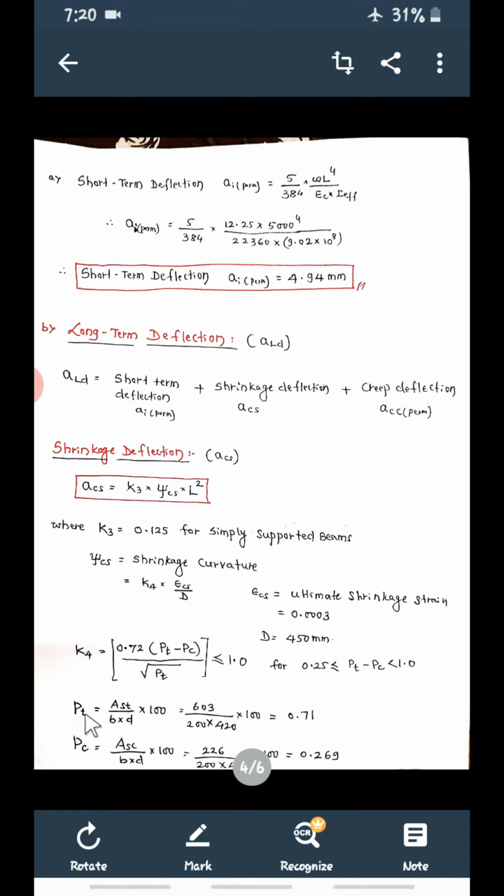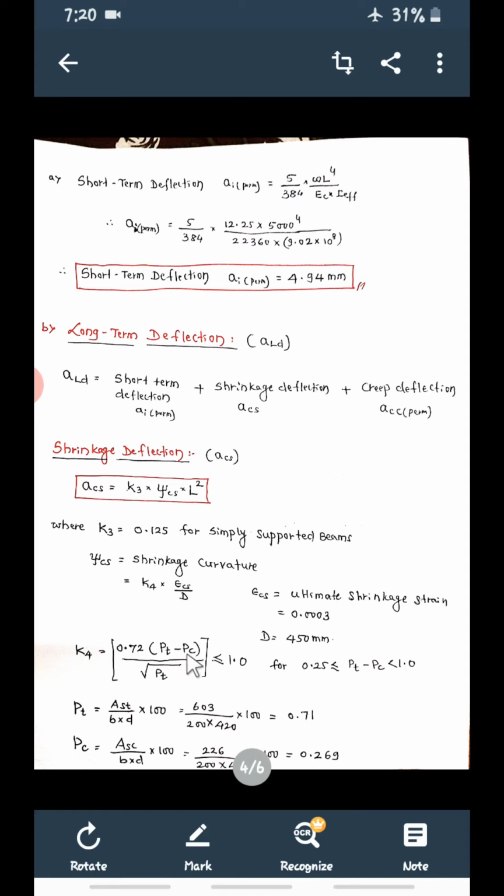PT is the percentage of tensile reinforcement, that is the bottom steel you have provided, AST. So PT is AST upon BD into 100, area of tensile reinforcement divided by cross section of the beam into 100. That is 603 divided by 200 into 420, into 100, which gives 0.71.